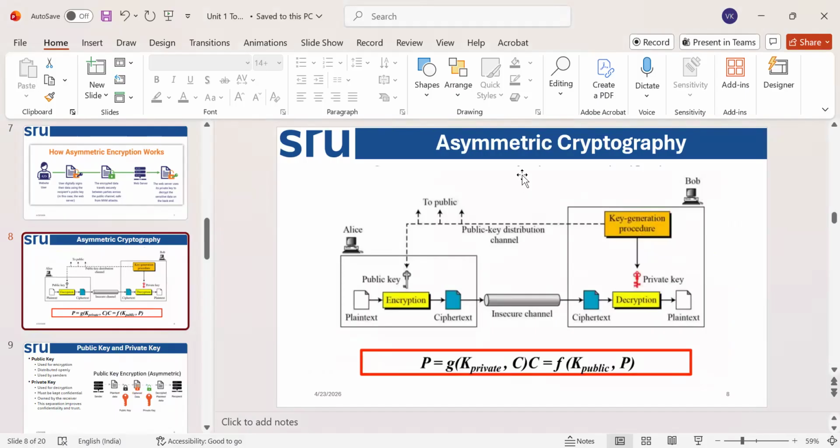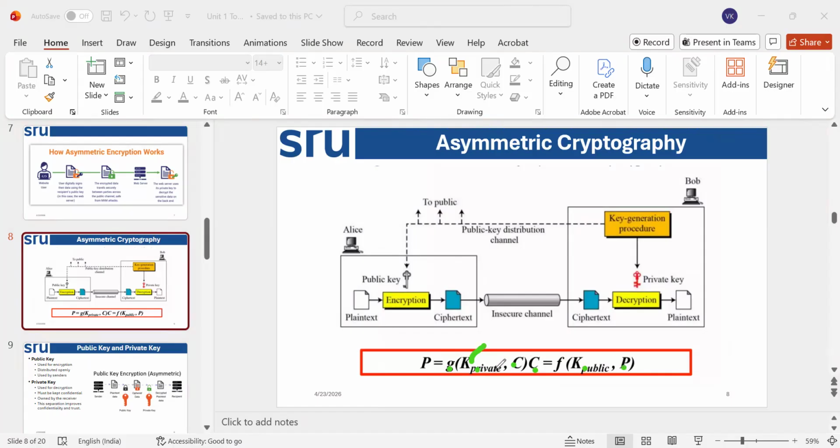Asymmetric cryptography. We understood that asymmetric cryptography uses a private key. Suppose there is a private key, where the function G is of K private and C. Now this C is a function of F, public key and the private key.